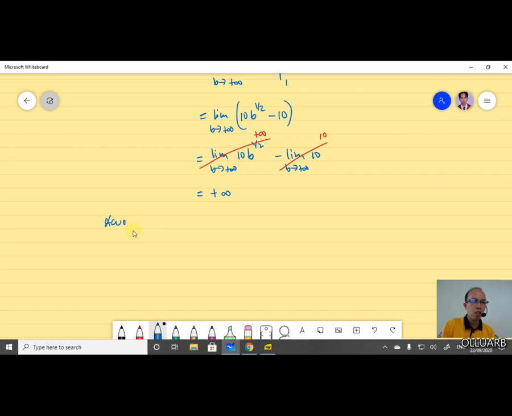Accordingly, the series 5 over square root of n, where n starts from 1 to infinity, is divergent, based on the theorem, since the integral is also divergent. That's problem number 1.